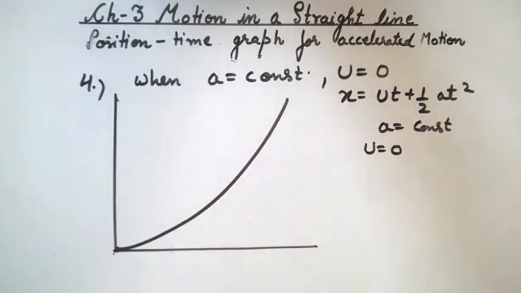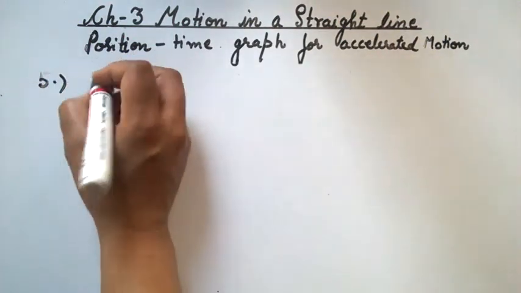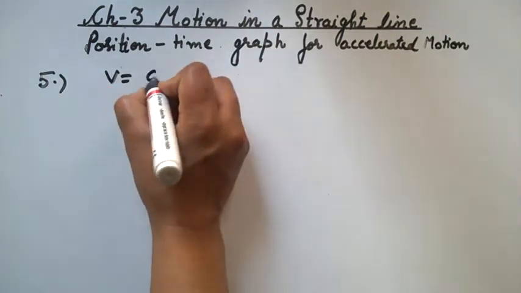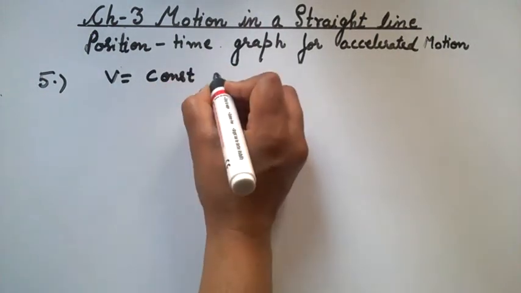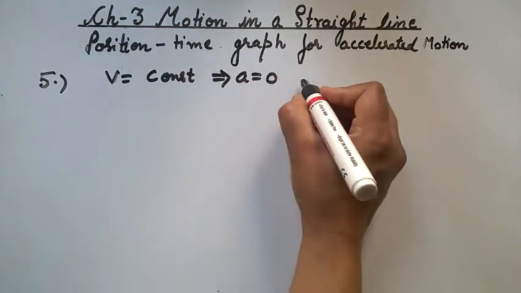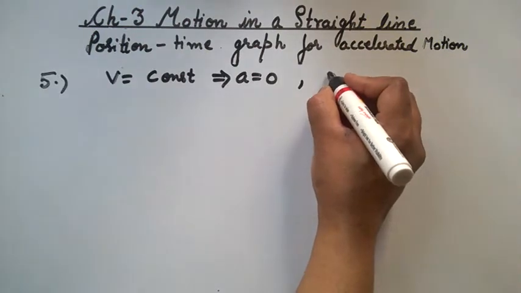Next, when the object is moving with uniform velocity, that is velocity is constant, thus acceleration is 0, and at time t equal to 0 the position of the object is x naught.